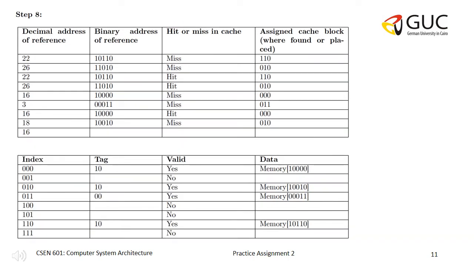Now we have address 18, which is an important one because it has a new concept. We of course converted it into binary, which is 10010. We take the 3 least significant bits, which is 010, and then we go to block 010 in the cache.